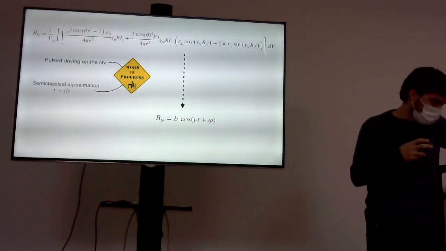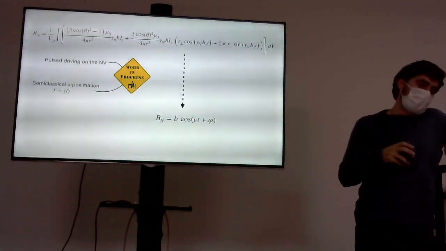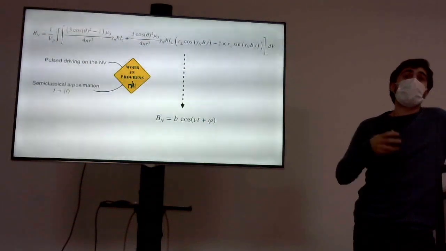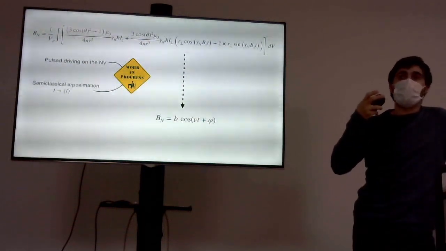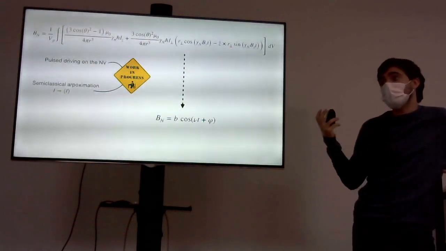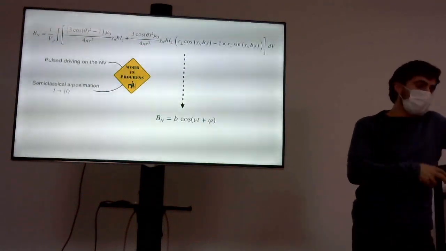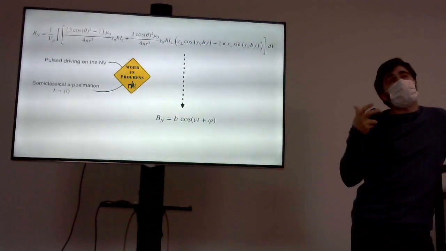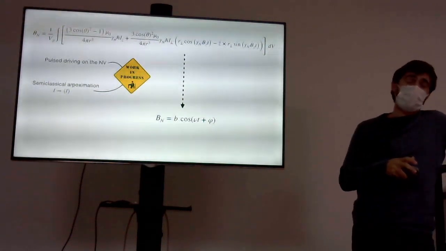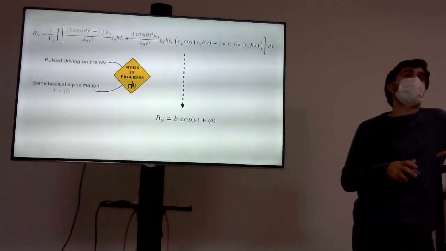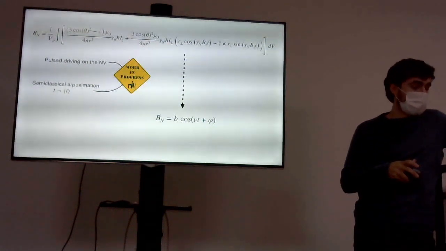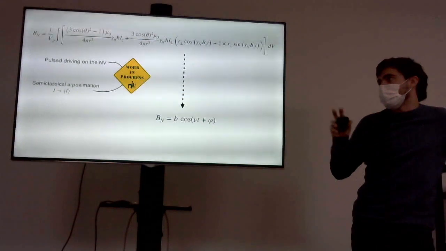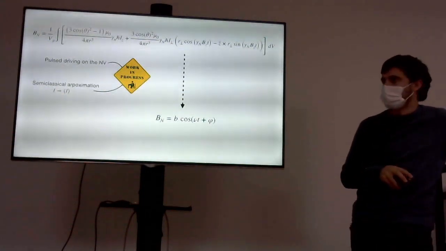What this tells you is that you won't have a back action from the dynamics of the NV in the sample. Okay, so even if they are interacting, there won't be any entanglement and so on. And this is valid in a regime in which the external magnetic field is bigger than the coupling between the NV and the nuclei in the sample. Okay, and we are in this regime, so we can do it.